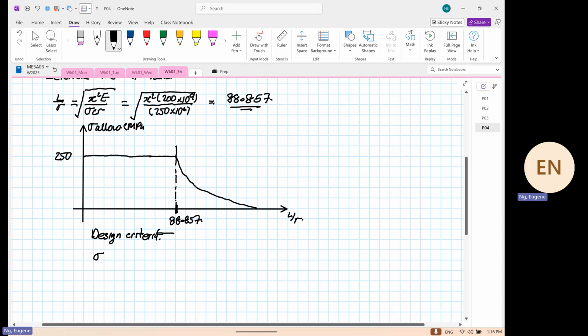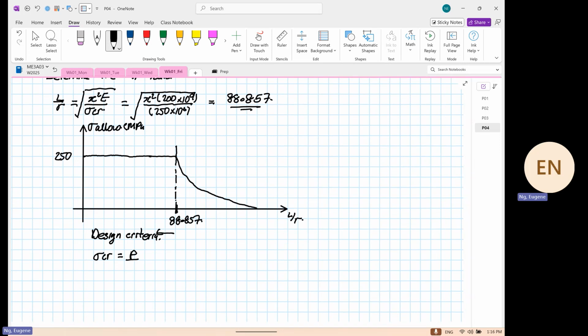The critical stress is equal to P over A. After you pass 88.857, you have to consider buckling design criteria.